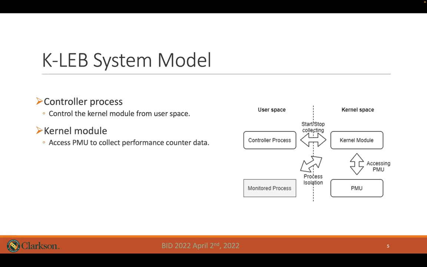Kernel module is used to access the PMU to set up and collect the performance counter data, while also tracking the process being monitored using the scheduler in the kernel.